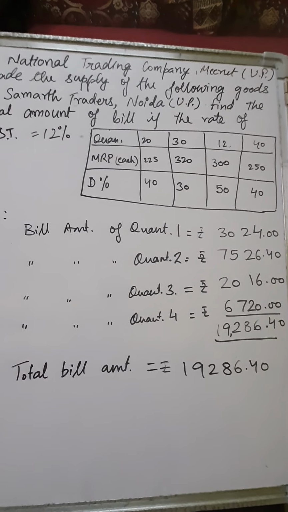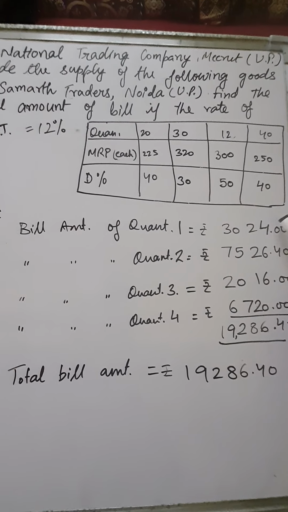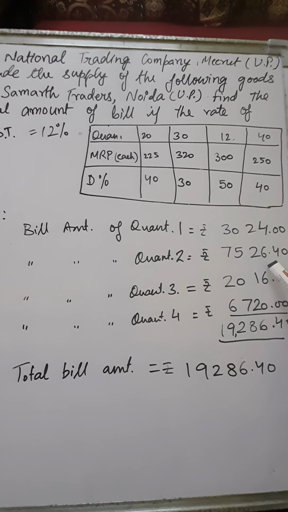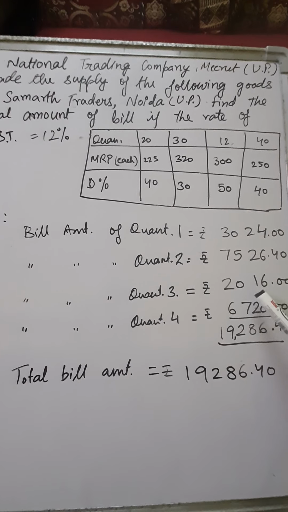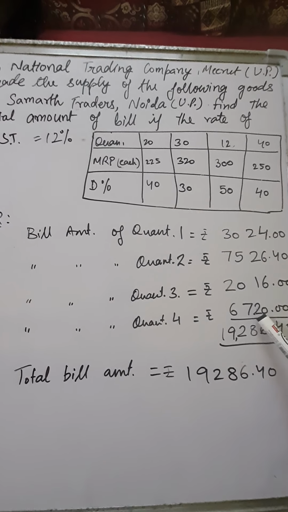Okay, children, we have calculated the bill amount of quantity 1 as 3024 rupees. Then we have calculated the bill amount of quantity 2, 7526.40 rupees. Similarly, we'll calculate for quantity 3 and 4, that will come 2016 and 6720.